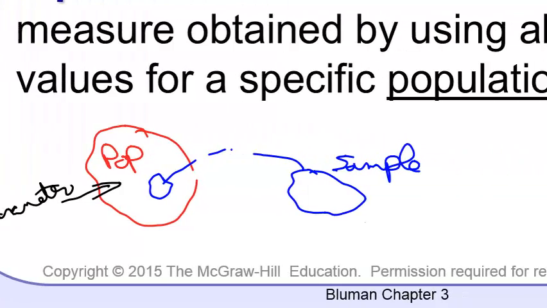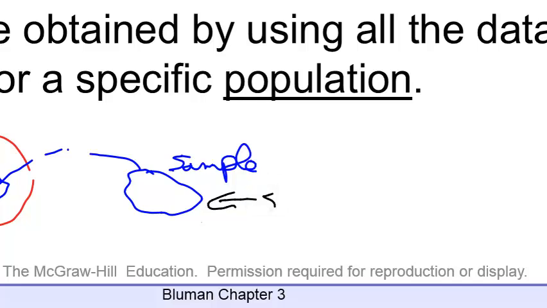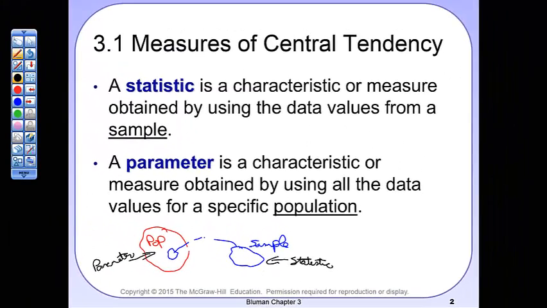Anything that comes from a sample will be considered a statistic. One way to recognize that is the first letters of each word: population, parameter, sample, statistic.